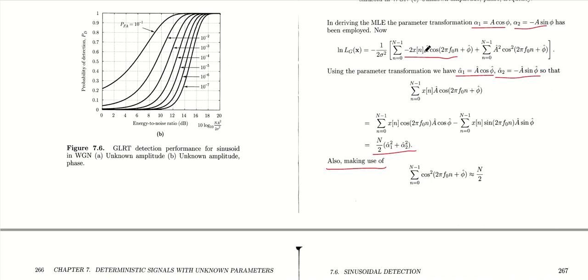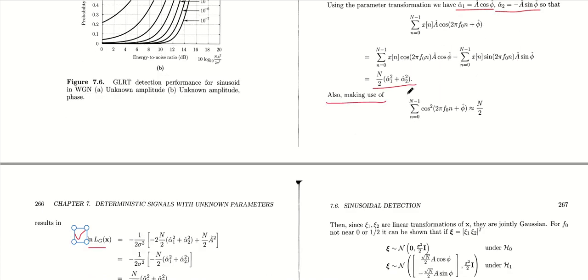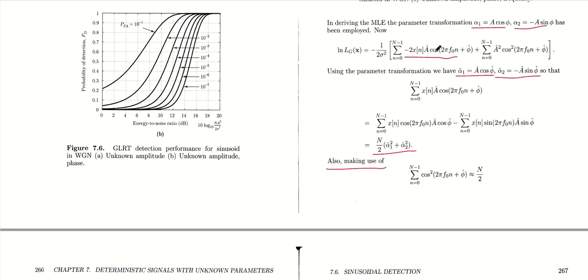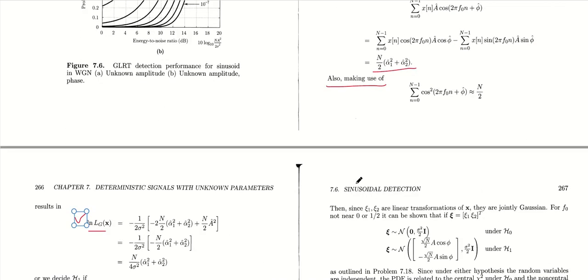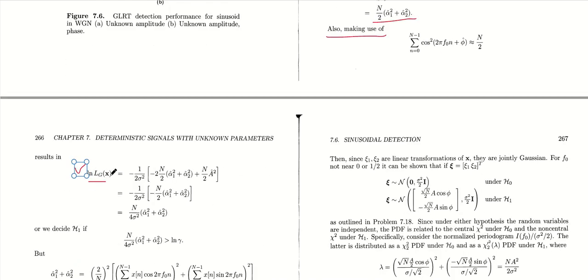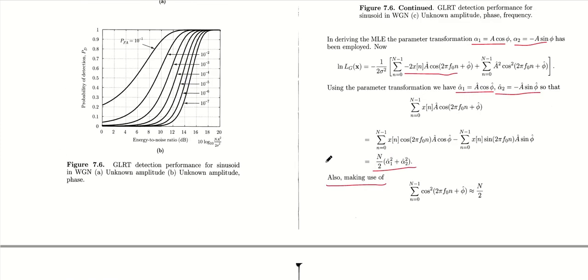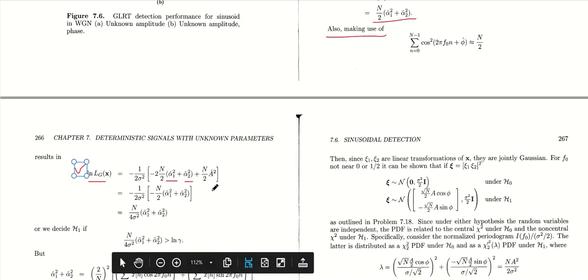So you have x A cosine and A squared cosine squared, but with those reductions, the x A cosine term becomes this, and the summation of cosine squared becomes this. So now you have ln G equal to this and this, because this term is replaced by this, and this term is replaced by this. So you get something like that.